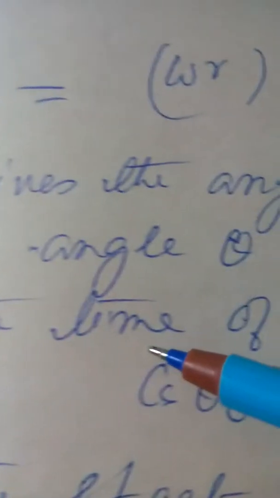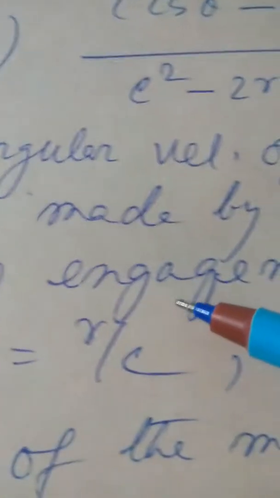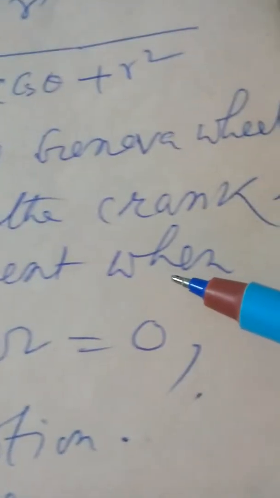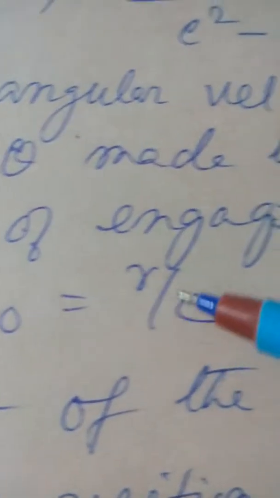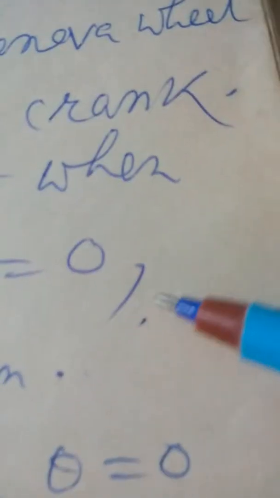At the time of engagement, when cos theta naught is equal to r by c, omega is equal to 0.